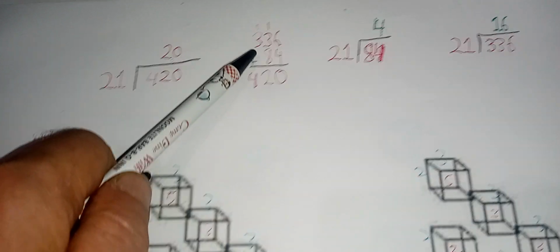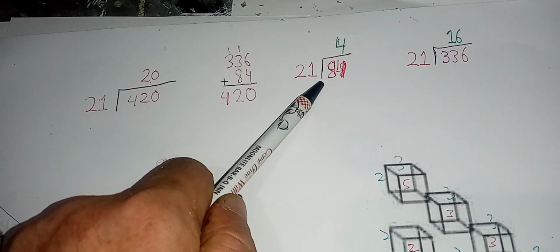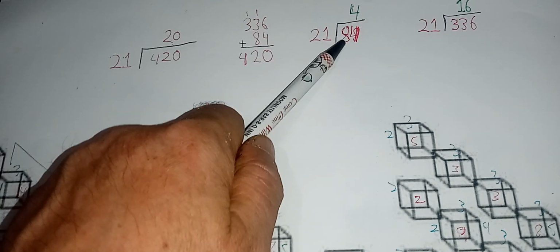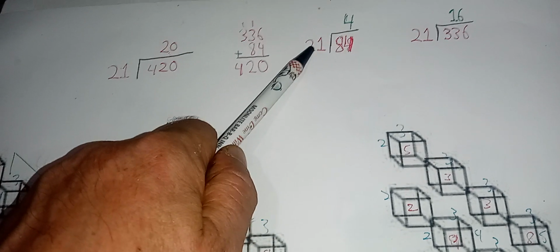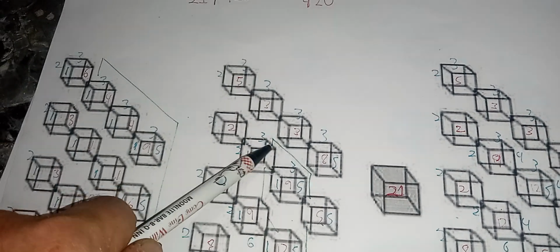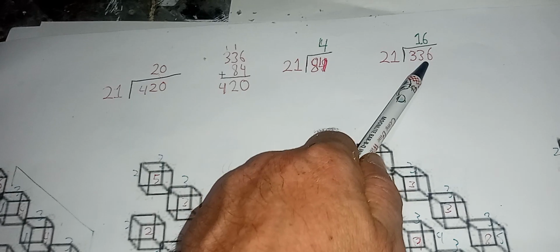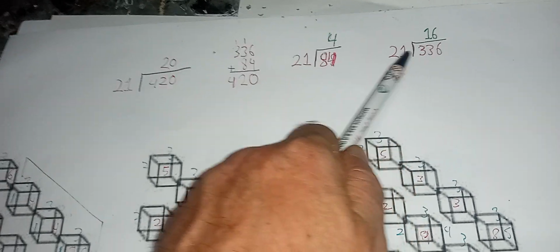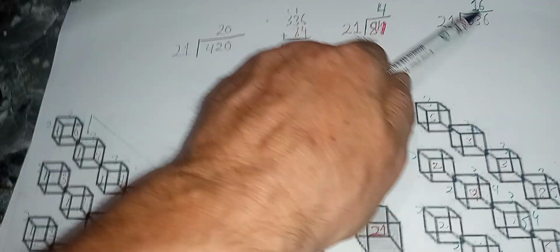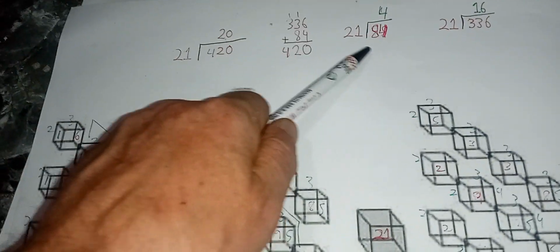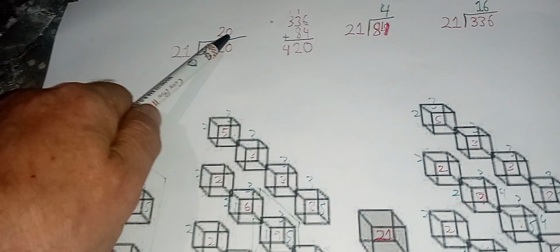If you want to separate them, the central nested cube is 84 like it was previously. You divide the original central ghost number into it, and that gives you the 4 cubes. The outer shell fractal cube is 336, and dividing the original central ghost number into it gives you 16. So 16 and 4 gives you 20.